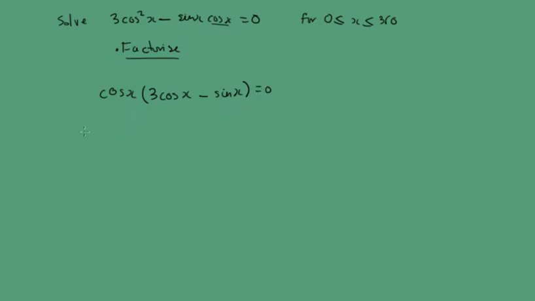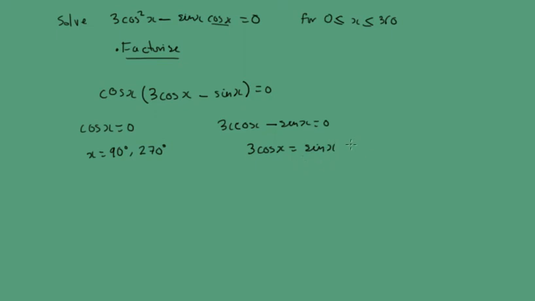So cosine x equals 0 when x equals 90 or 270, and we know 3 cosine x minus sine x equals 0. 3 cosine x must equal sine x.